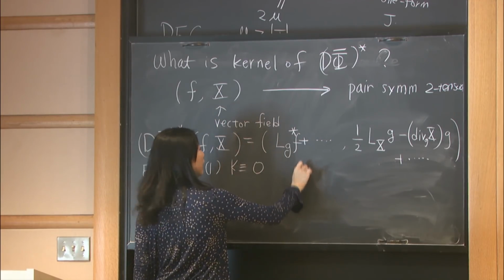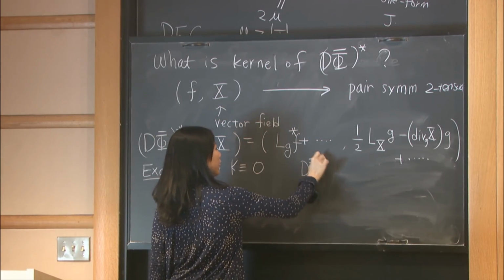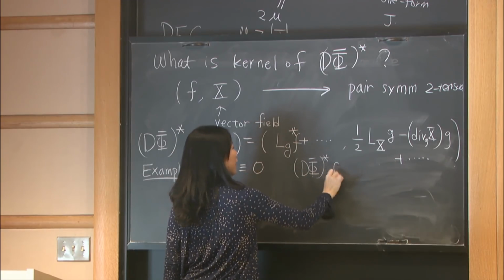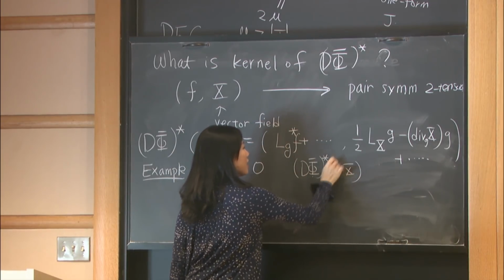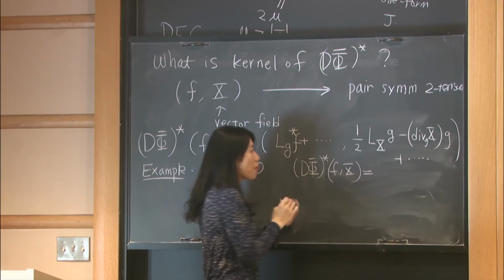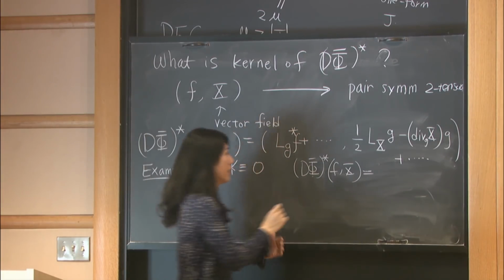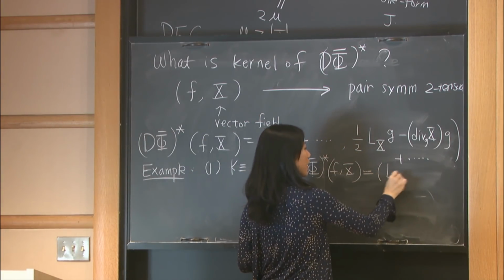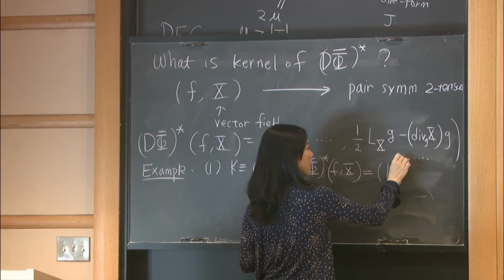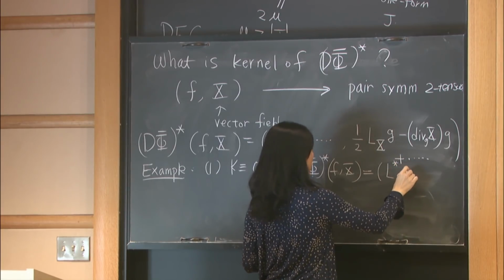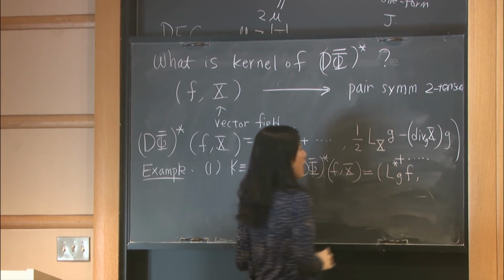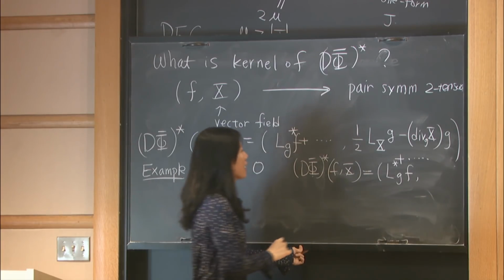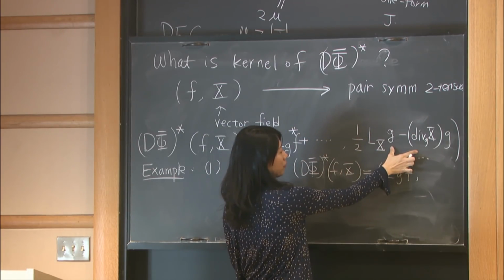So this map becomes decoupled, so there's a separate equation for f and X. The first one will be just the adjoint of the scalar curvature linearization, and the second one will be just this term.